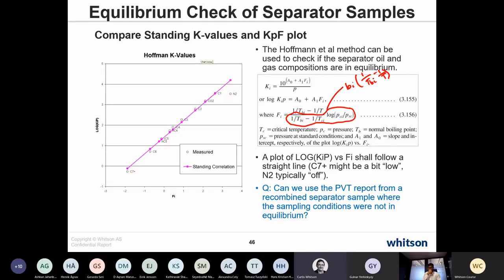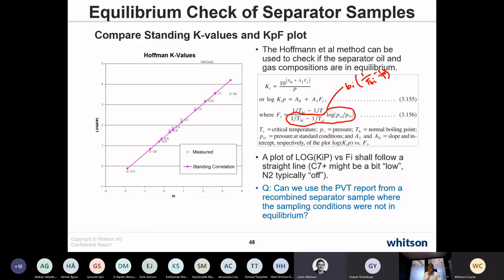Having the equilibrium of the separator gas and separator oil is not a requirement to get good PVT measurements for a known composition. If we feel we know the composition, what they do in Norway quite a bit is take the physically recombined mixture and do a single stage flash composition determination of it, to check against the mathematically recombined composition.